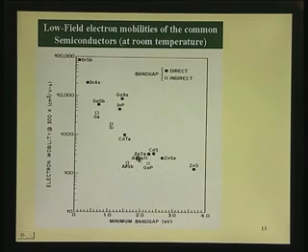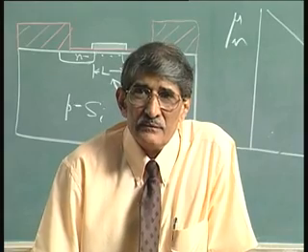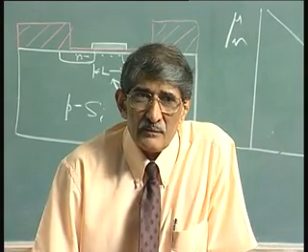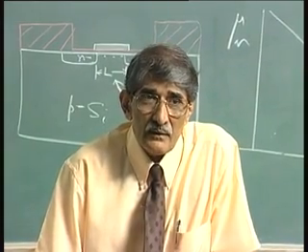Indium phosphide has mobility slightly smaller than that of gallium arsenide, about 4500 electron mobility. Band gap is higher than that of silicon. So, to give you numbers, gallium arsenide band gap is 1.43 electron volts, mobility is 8500 centimeter square per volt second.